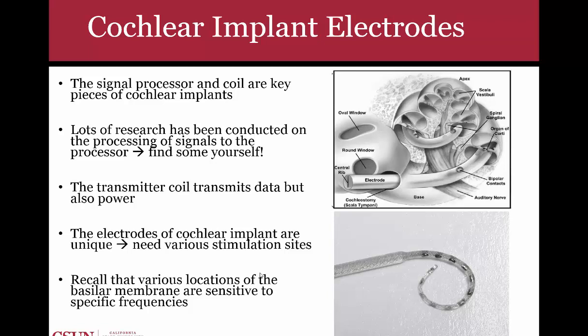Here's an example of this where you typically have some silicone encasing and you have some exposed electrodes, which then can be curled up into the shape of the cochlea. And that's important because you remember you have to minimize the distance between the electrodes and the auditory nerve in this case.